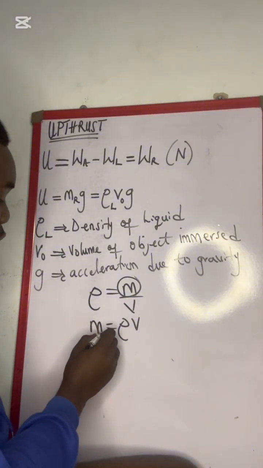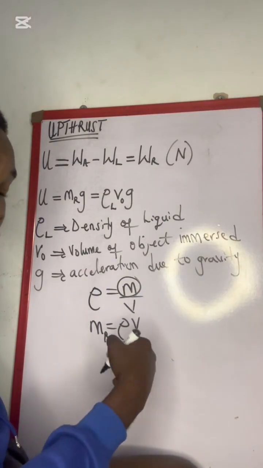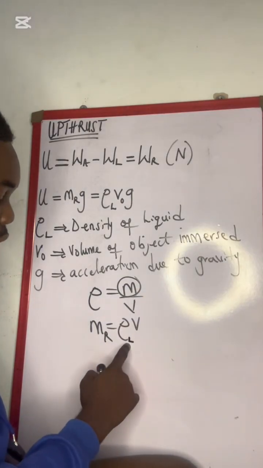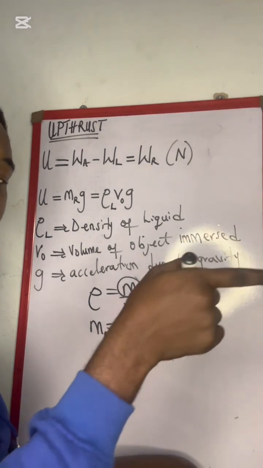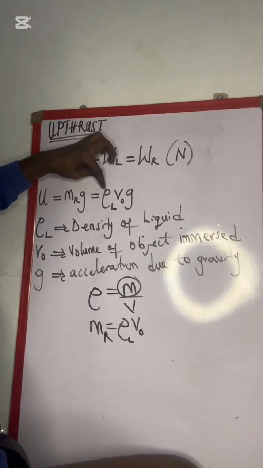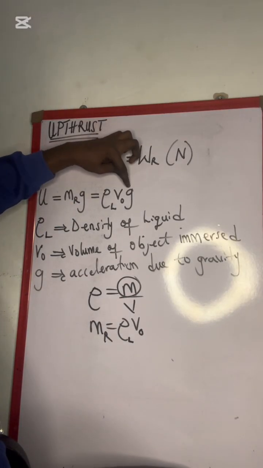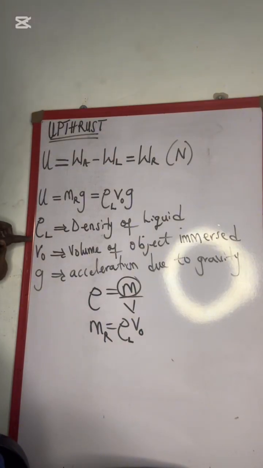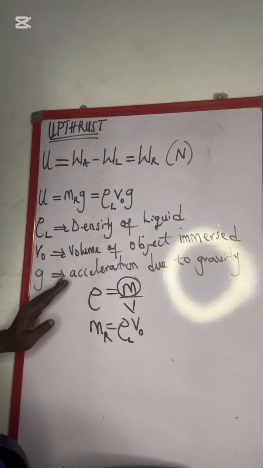So if we say resultant mass, because it is coming from the liquid, we will say the density of the liquid times the volume of the object immersed in the liquid. So that gives us density of liquid, volume of object immersed, and then g.